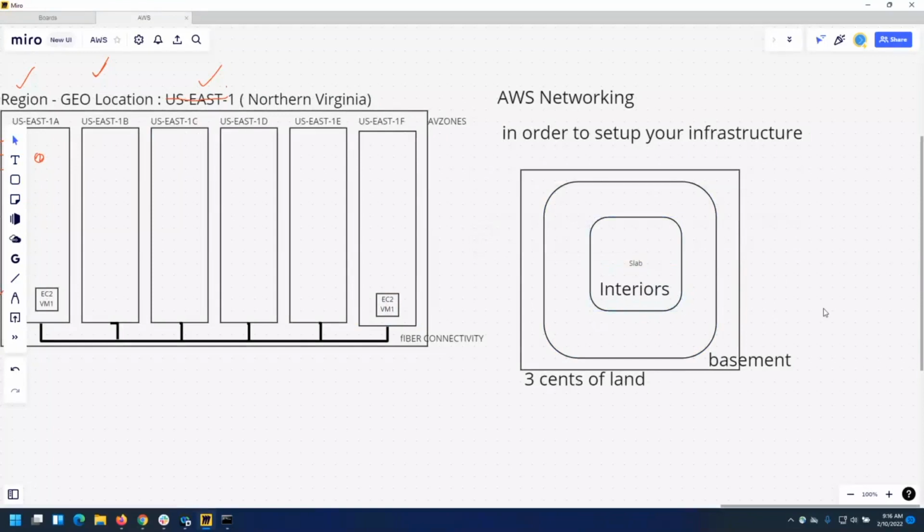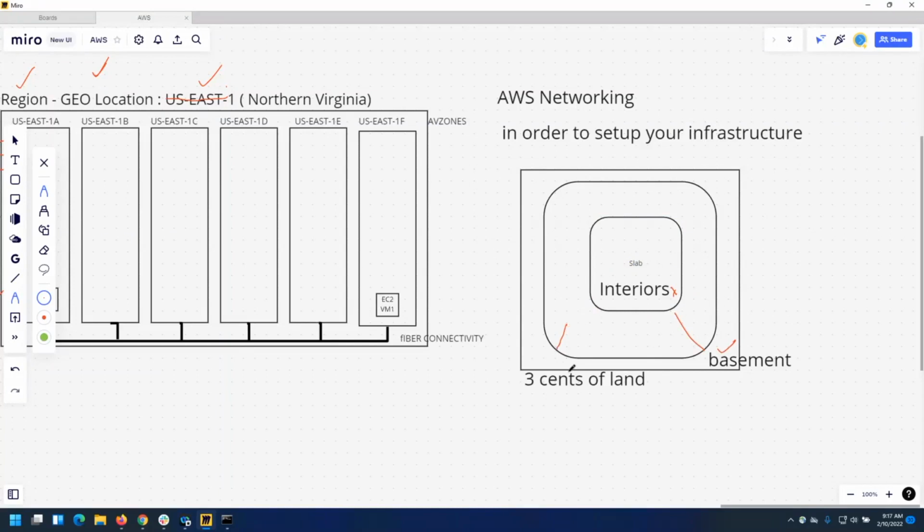Agree? Now, which are the things that you can change easily? If you don't like something, you can buy a new thing and simply change it. If you don't like the painting, you can simply change it. If you don't like a sofa, you can simply change it. What cannot be changed is your basement, and your walls, pillars, slab will never change.